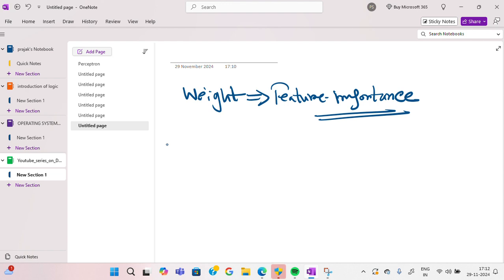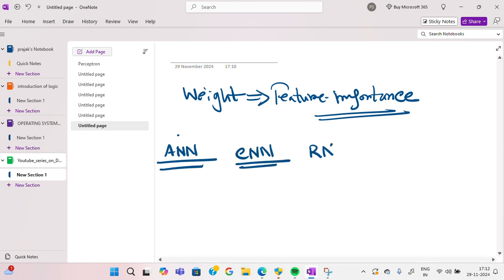Basically, we have three types of neural architecture. One is ANN, one is CNN, one is RNN. ANN is the normal artificial neural network.